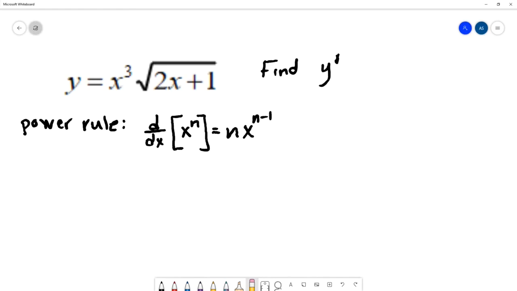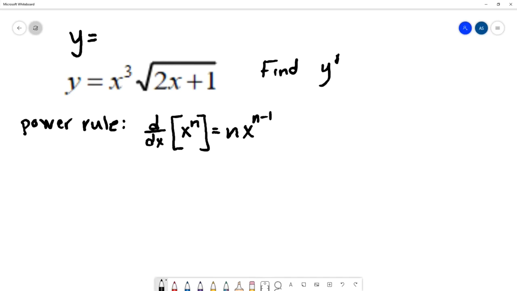And then I notice over here that I have a square root of 2x plus 1. Now I want to keep in mind that with algebra, I can rewrite this square root as a power. So let's rewrite it using algebra.